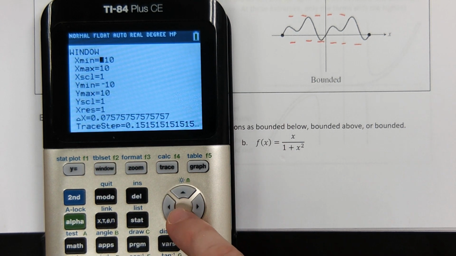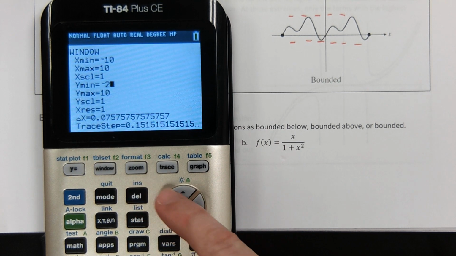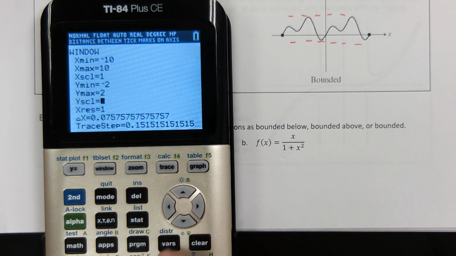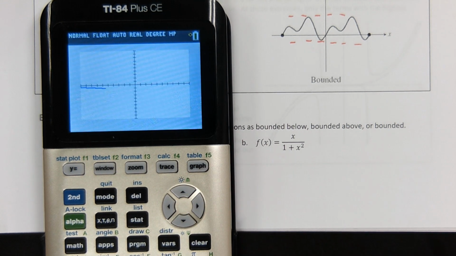My y values, I'm going to change the minimum to -2 and the maximum to +2. Isn't that neat?